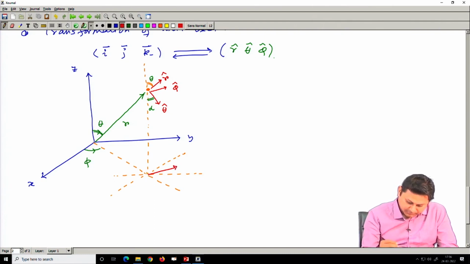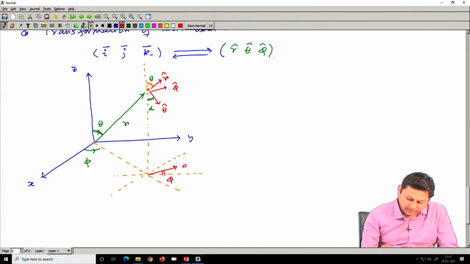I am just dragging this phi vector here, and this angle should be phi, because these are parallel. So, this should make an angle phi here as well.